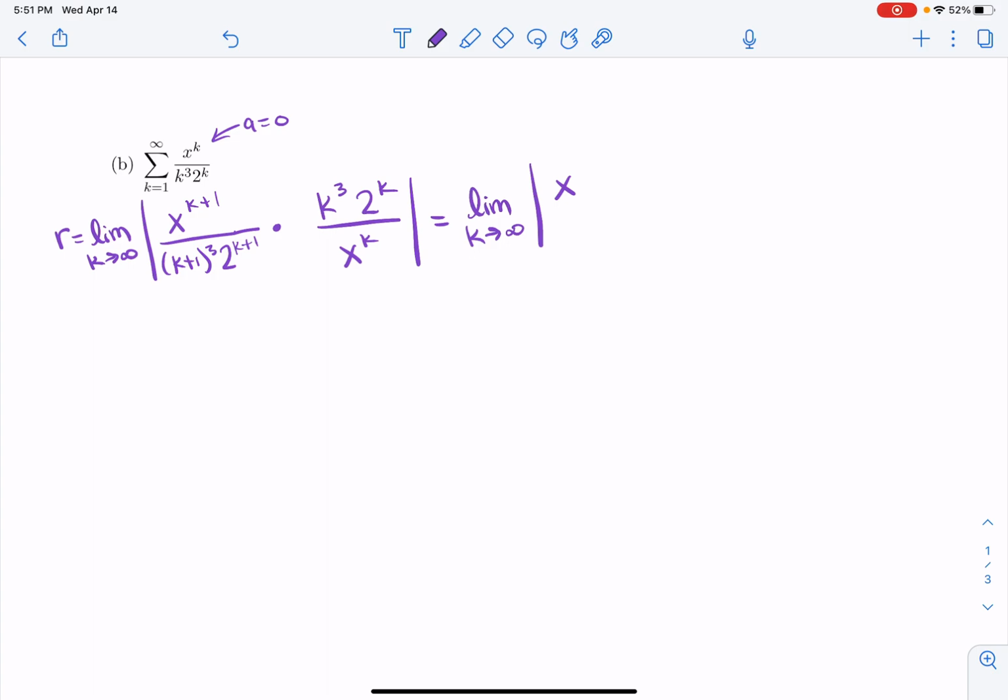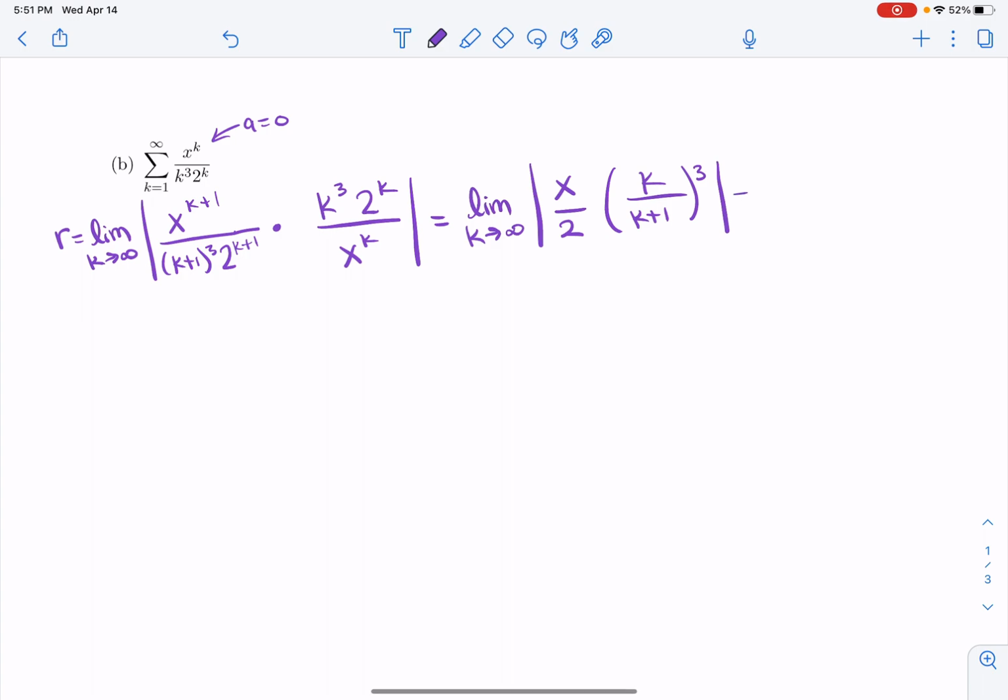The 2 to the k in the numerator and 2 to the k plus 1 in the denominator: k factors of 2 are going to cancel, but there's going to be 1 left over in the denominator. So we just get a 2. And then we have k over (k plus 1) cubed that we also need to deal with.